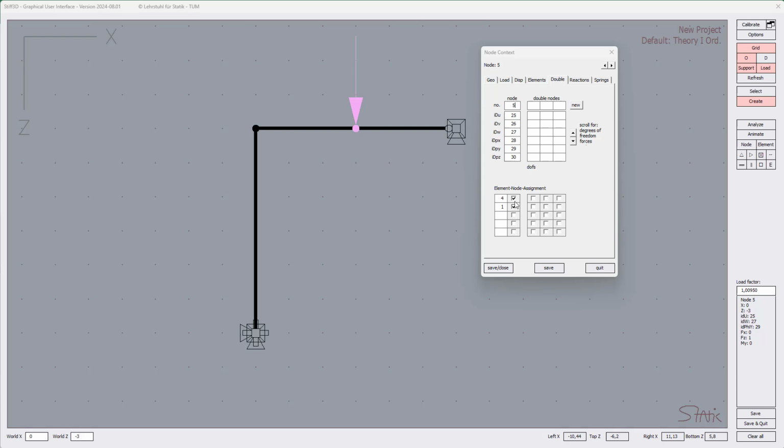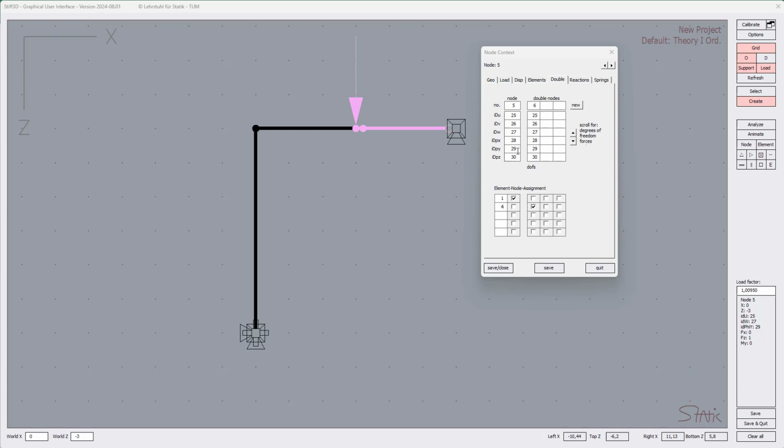Here you have the possibility that this new node is attached either to element number 1, our initial element, or the newly generated element after the split operation, the one to the right. So we attach it to the right hand side, and you save it.